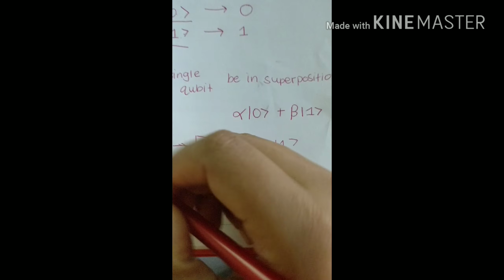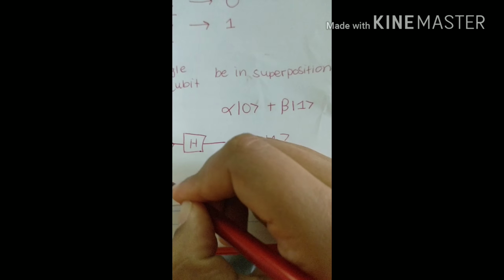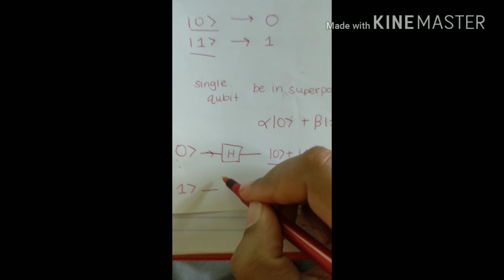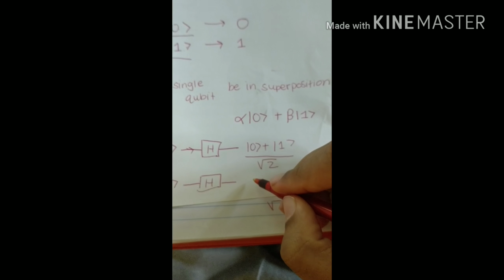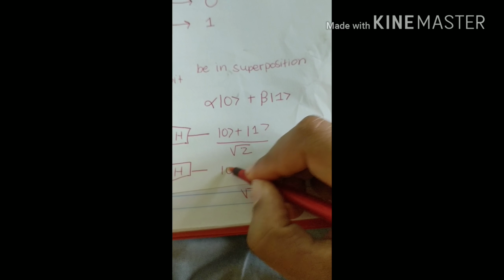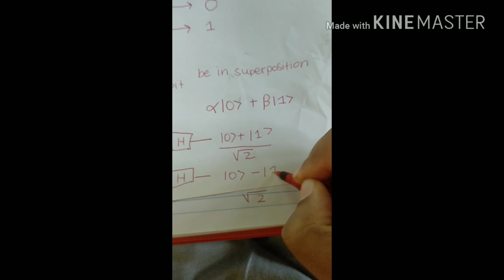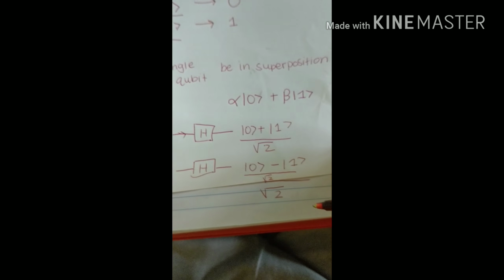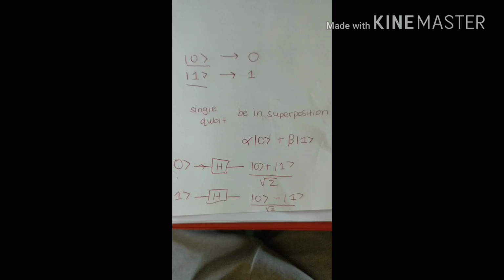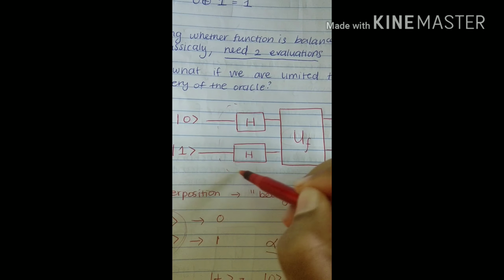And when I pass 1 through the Hadamard gate, it gives me the following superposition, over root 2. Okay, so that explains this first area here.